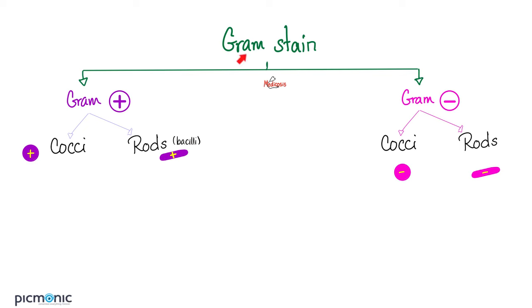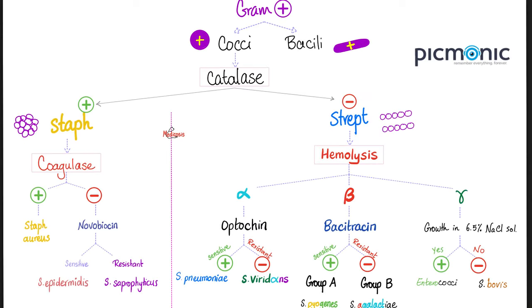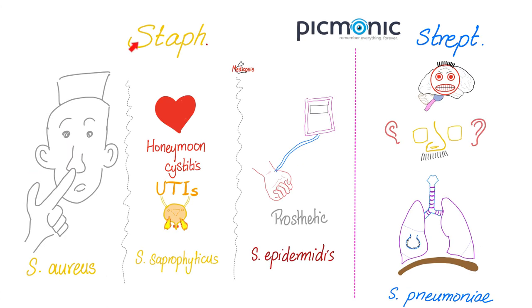Pause and review. Staph aureus is a gram-positive coccus in clusters, just like grapes. Staph aureus is coagulase positive. The other staphs are coagulase negative. In the next video, we'll talk about diseases caused by Staph aureus. Remember the chef who's putting his finger in his nose, giving you food poisoning because of the enterotoxins, because staph colonized his nasopharynx.